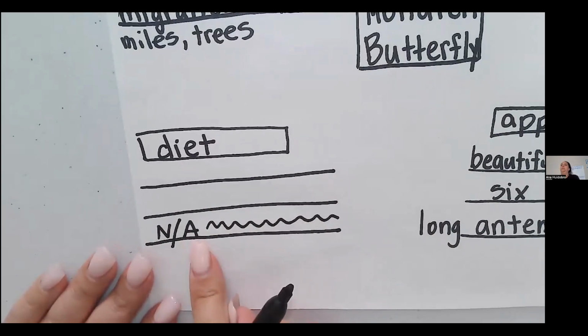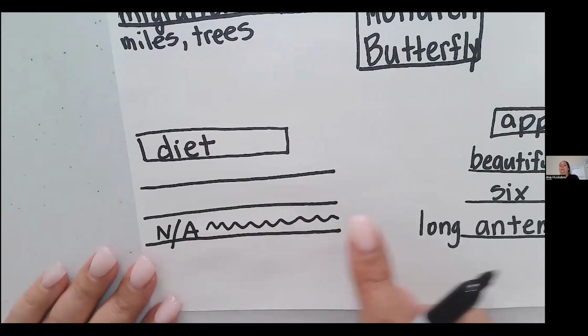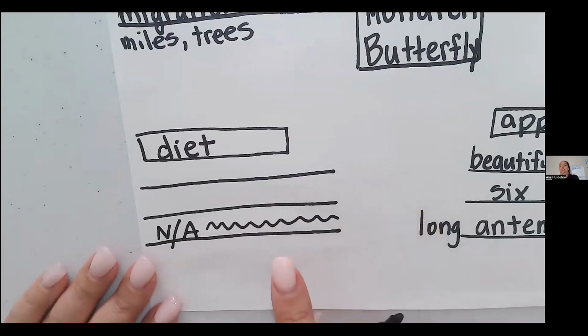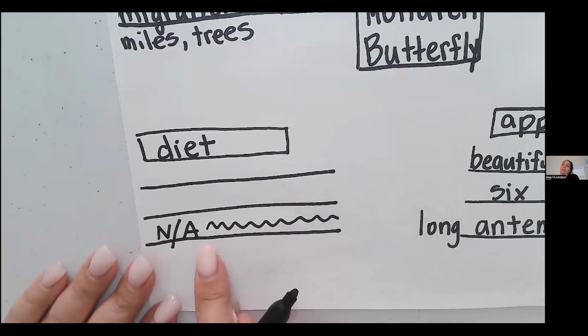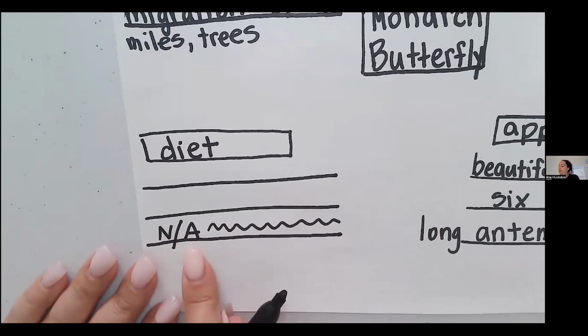For example, if some form says, have you been in the military? And I put no. And then the next question says, how long were you in the military? I would put NA, not applicable, because I was never in the military, so I cannot answer that question. So that's what this means in case you ever see it.